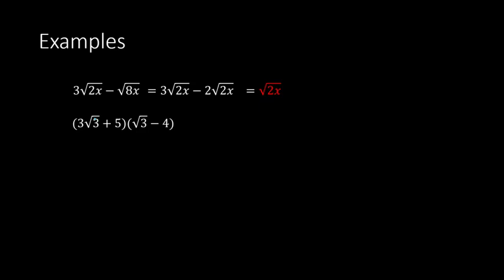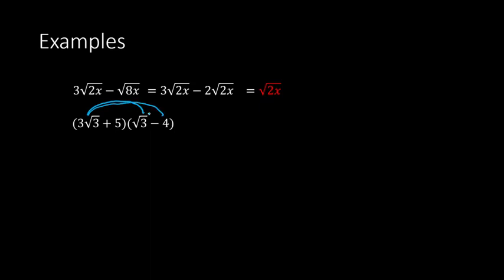Here is another example. So in this case, we have 3 times the square root of 3 plus 5, times the square root of 3 minus 4. Now for this one, we need to distribute, or FOIL is another term we can use, because we're going to distribute this 3 square root of 3 by multiplying to this term over here, and then we multiply by the negative 4.